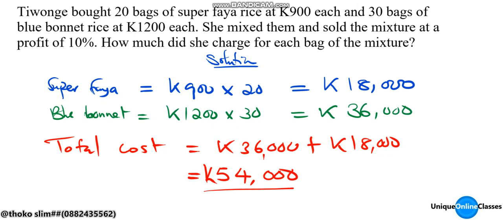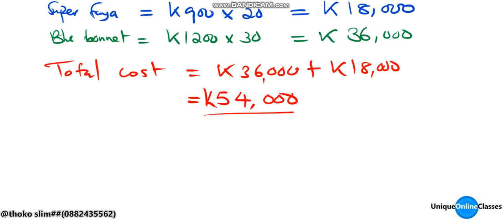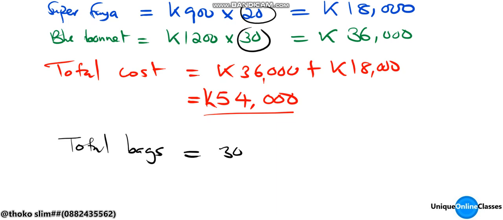Now we need to find the total number of bags to see what one bag costs in the mix. Total bags, that's 30 and 20. So 30 plus 20, which is 50 bags.